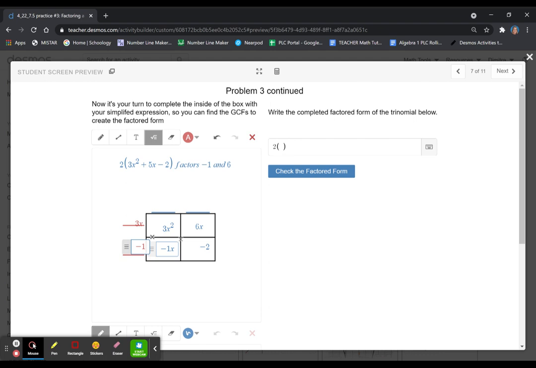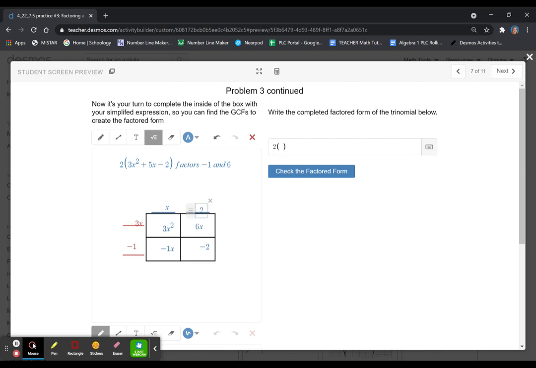Okay, our leader is negative, so we pull out a negative. All right, now we're going to go up here. And 3x squared and negative 1x, the GCD is x. And 6x and negative 2, the GCD is 2.